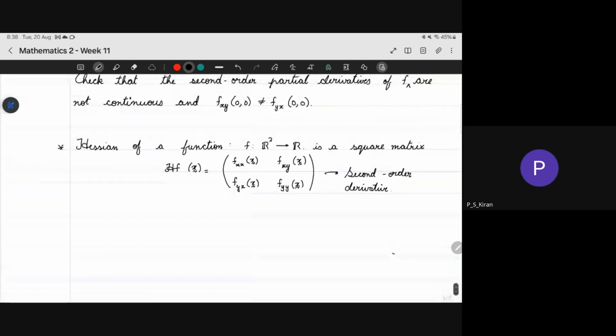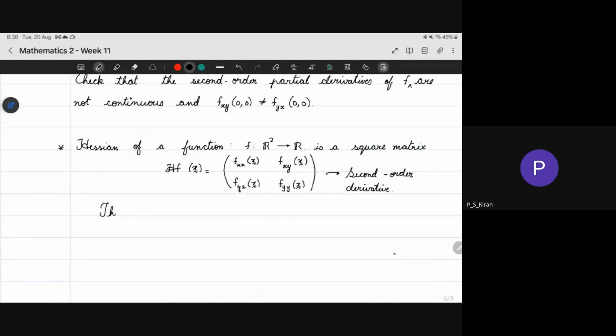You have fxx, fyy, and so on, even if you have multivariable functions. And this entry will be equal to this. More generally, if I have an n-dimensional multivariable function, let me just write it this way.